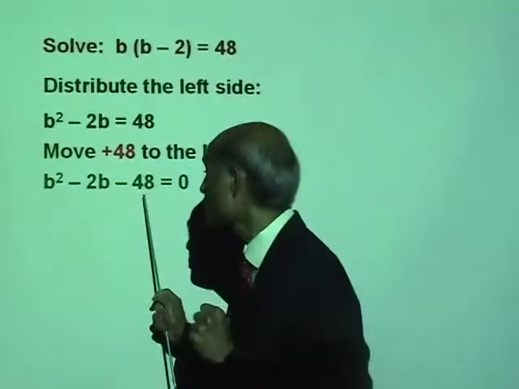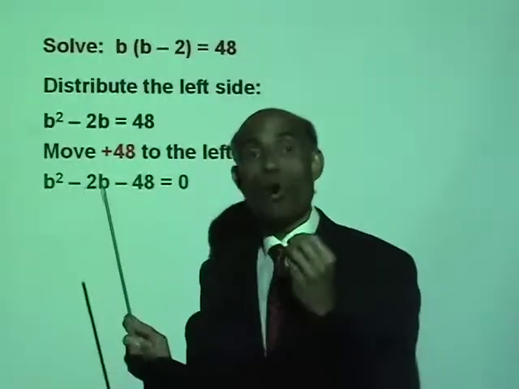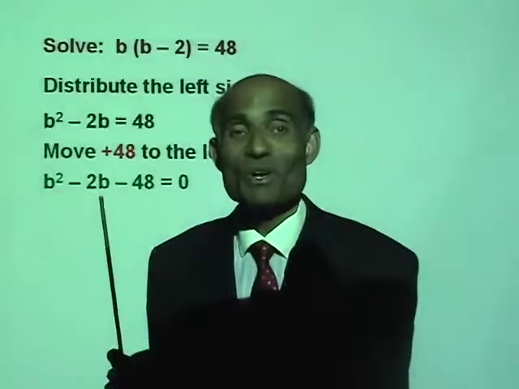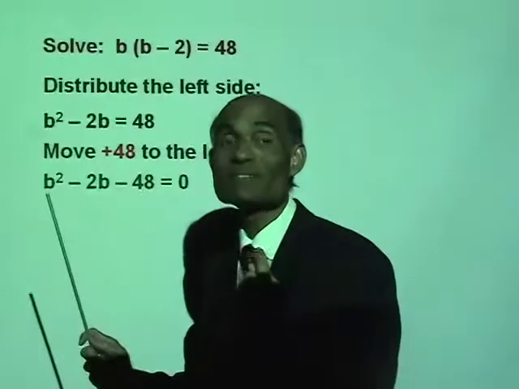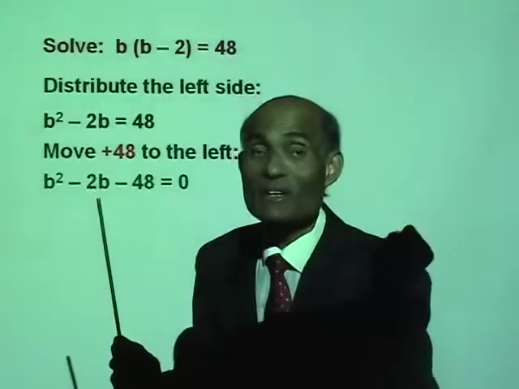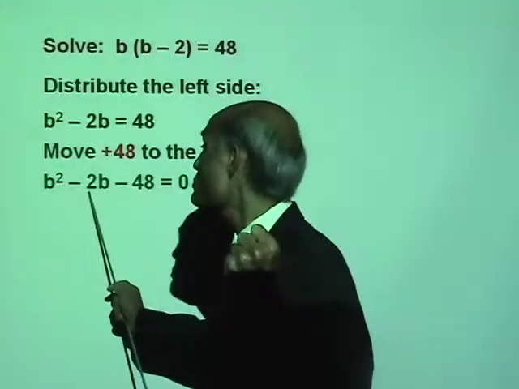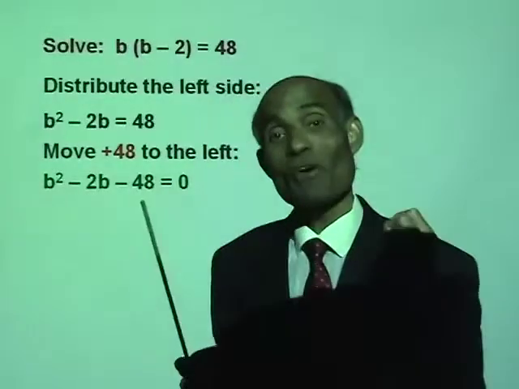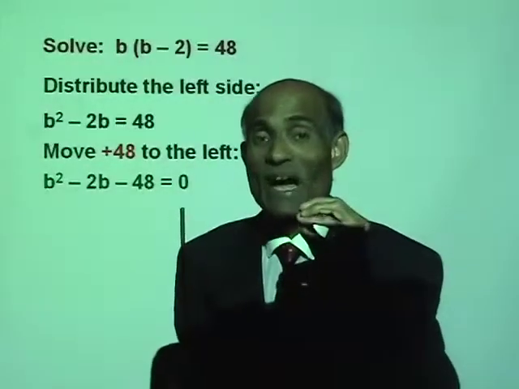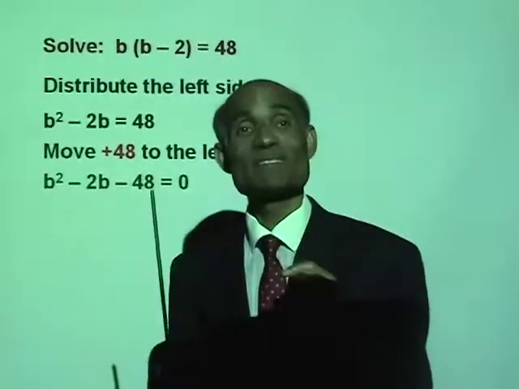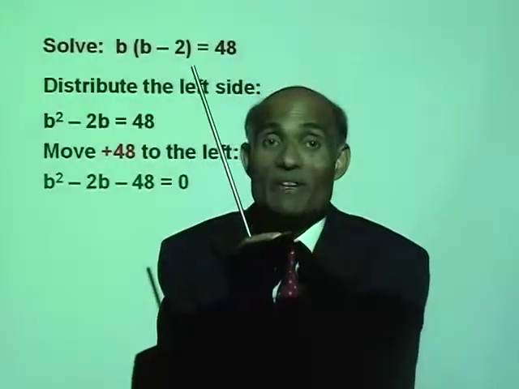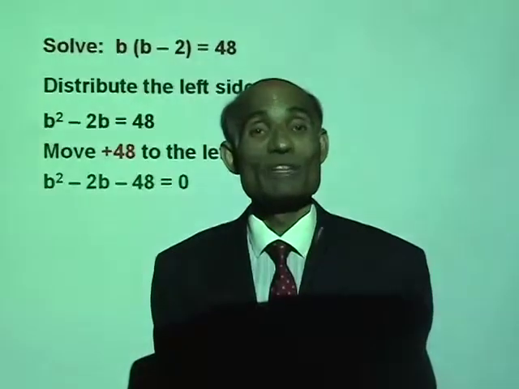So the question you can ask here is, what two numbers will multiply to give you negative 48 and when added to give you negative 2? Can you find two numbers that when multiplied gives you negative 48 and when added gives you negative 2?